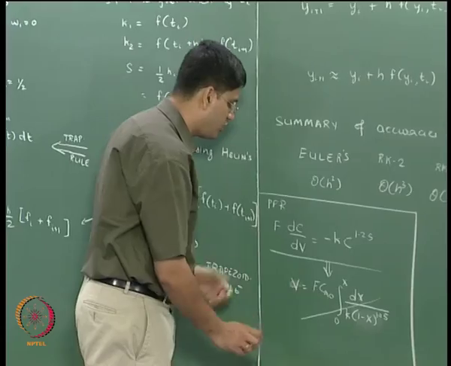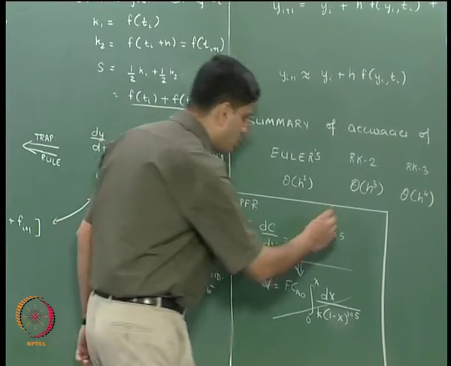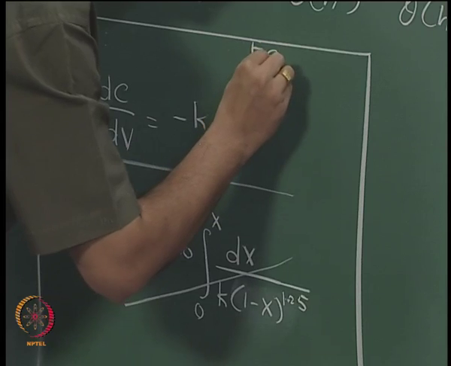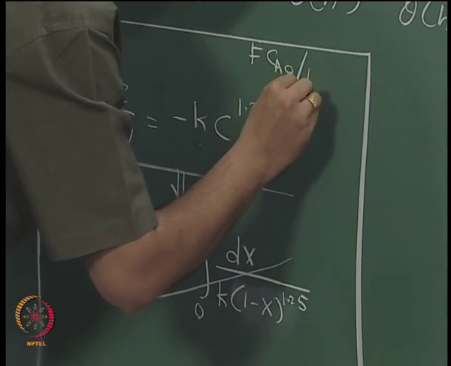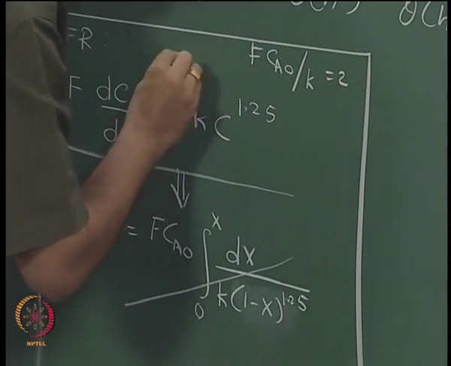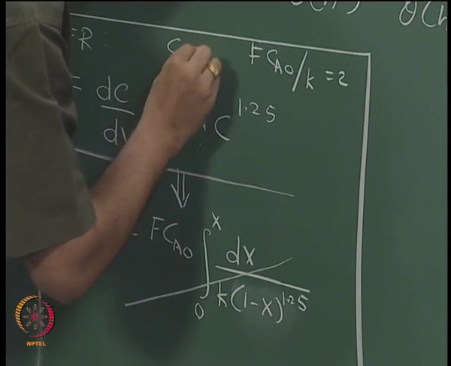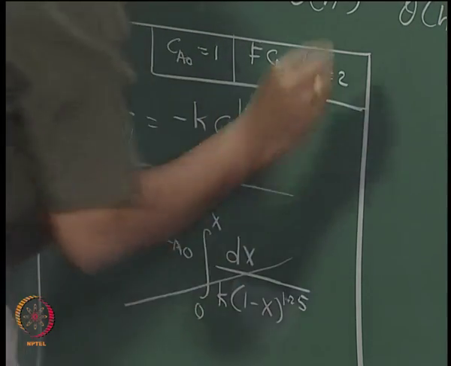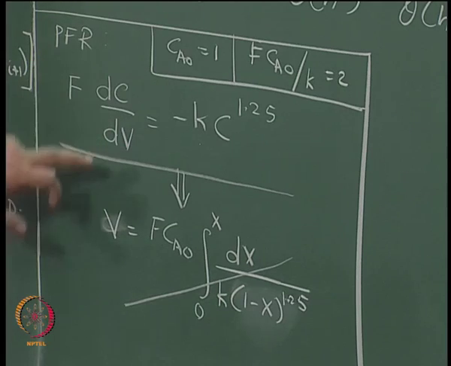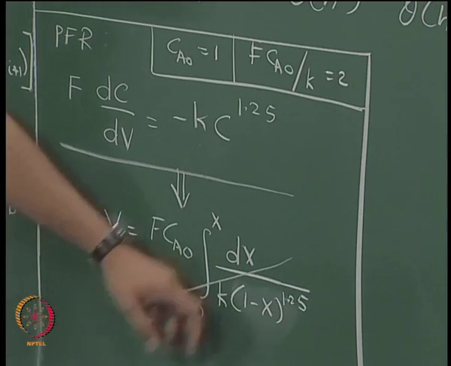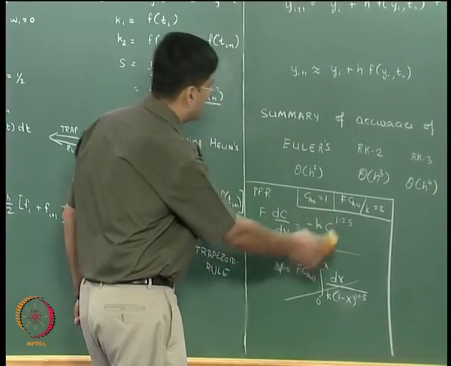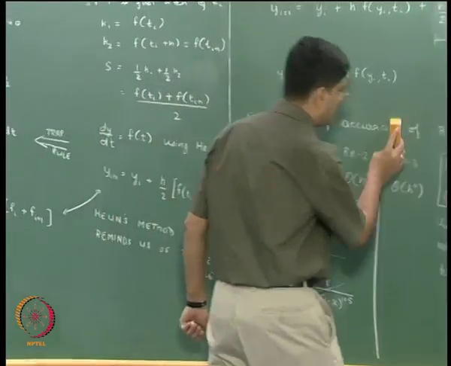And Ca0 was equal to 1. Okay. So for these conditions, we had tried to solve this PFR problem using the integration method, using the design equation of the PFR. We can rearrange this and we can get an analytical solution.